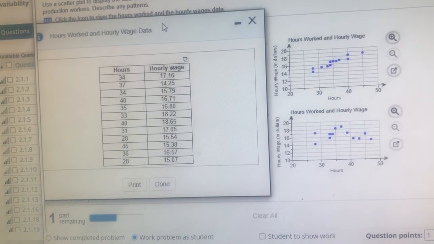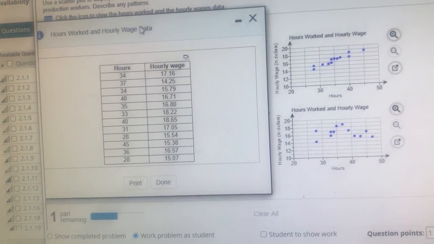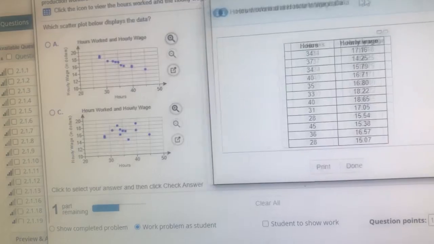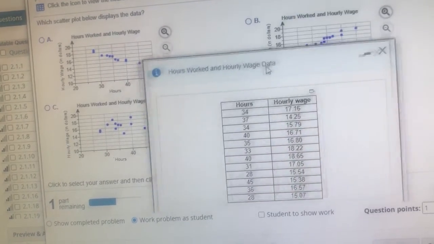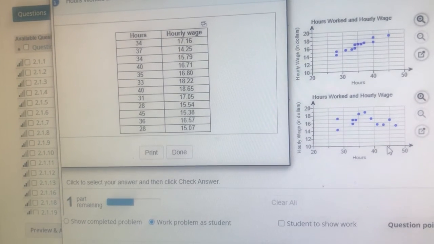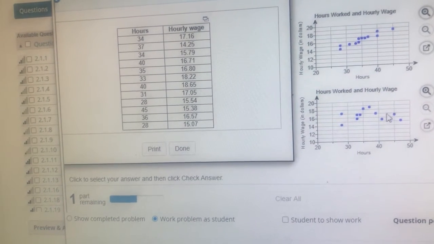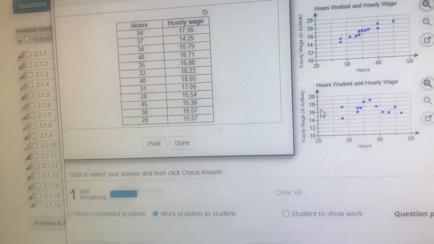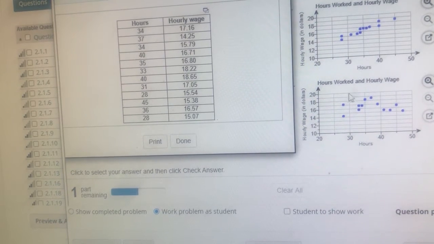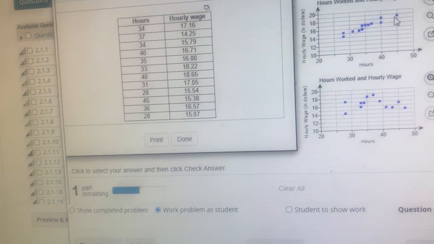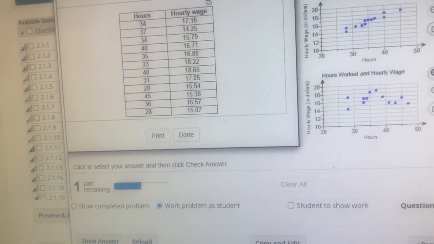I'm looking at the difference in the charts, and what I noticed right here at 45 is that this is at a little bit below 17, and at 45, that's way up here to 19.